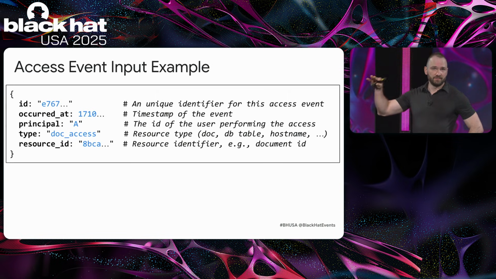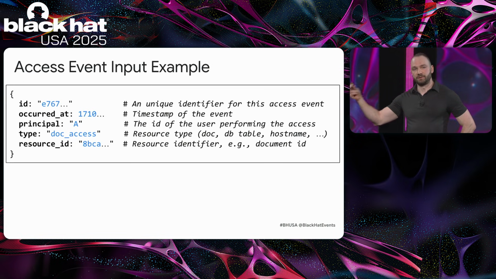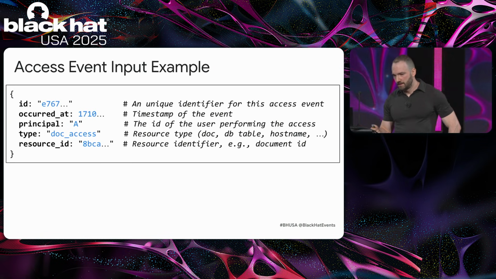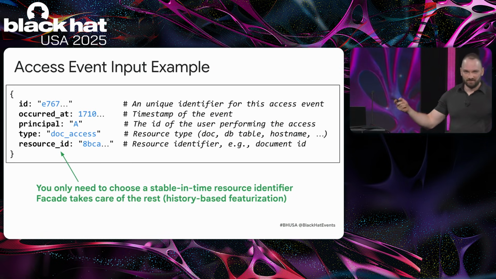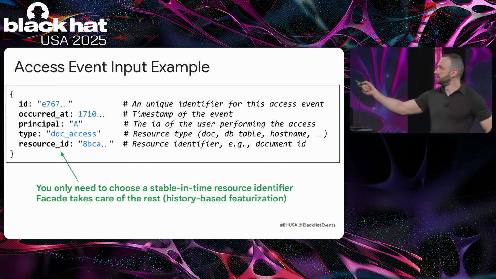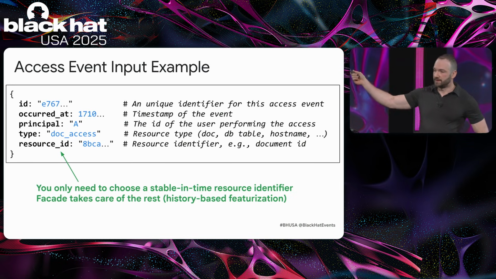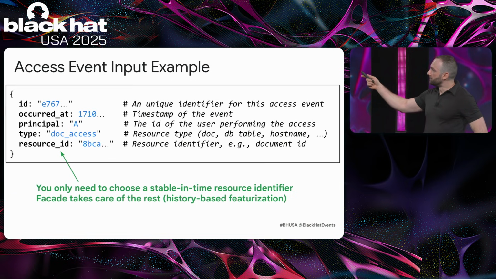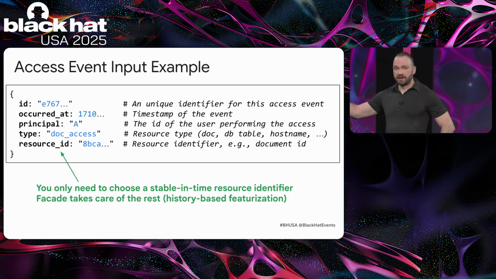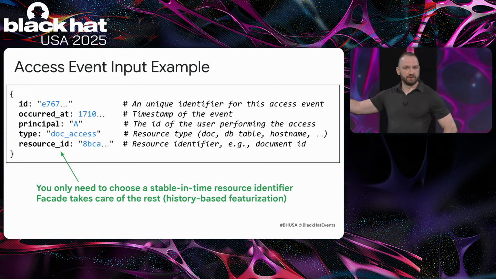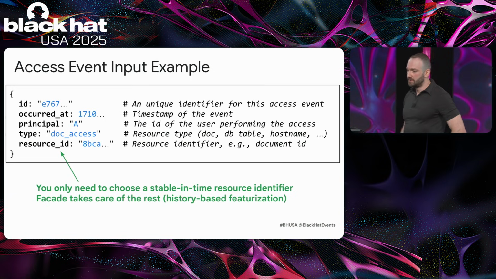This is simply an opaque identifier that allows you to identify the resource across time. The only thing you have to do in the Facade framework is specify the resource ID and create those records of access, and Facade will take care of the rest. Facade will take care of the history-based featurization of the document through time.